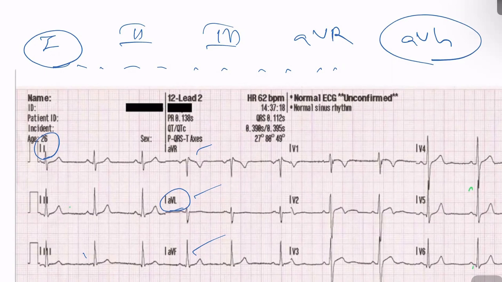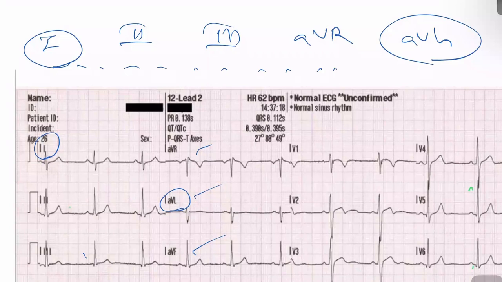And so there is another format that helps us for better visualization of the similar leads together. Similar leads, that means consecutive leads together. And so 1 and AVL are in the nearest position, and 2, 3, AVF are in the nearest position. And so that is the Cabrera format. Many ECG machines can change from the standard format to the Cabrera format, but we are very used to the standard format, and almost every ECG comes in the standard format.